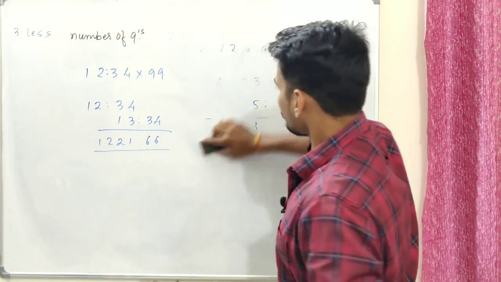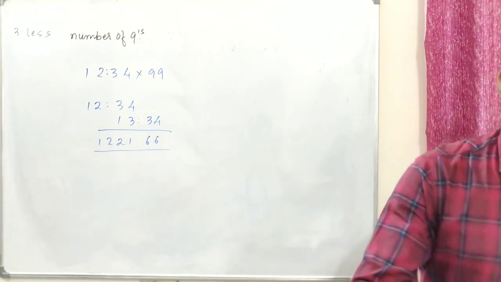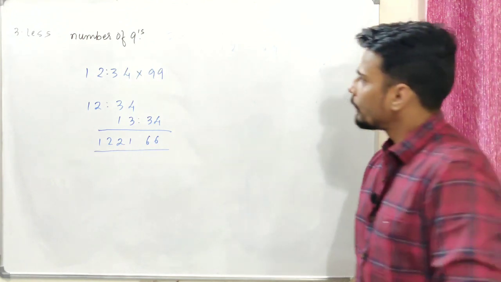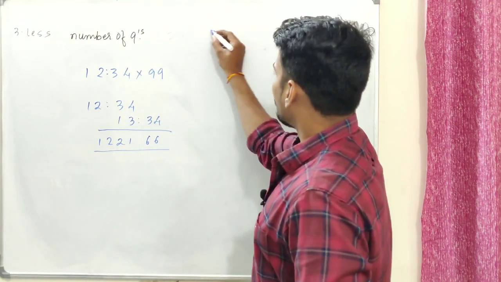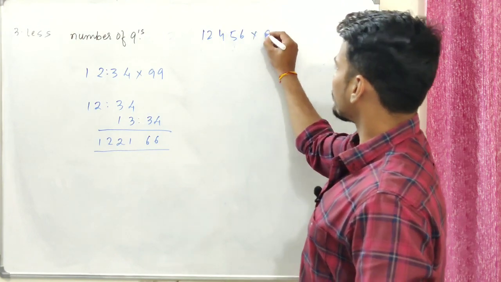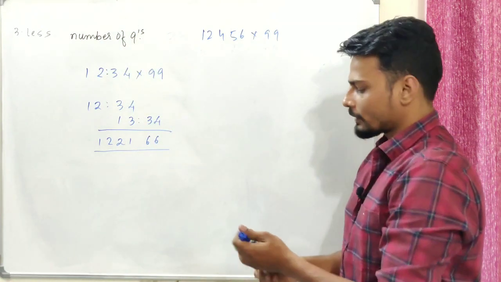We'll do one more. Let's say 12456 times double 9. I'm going to use the same process.